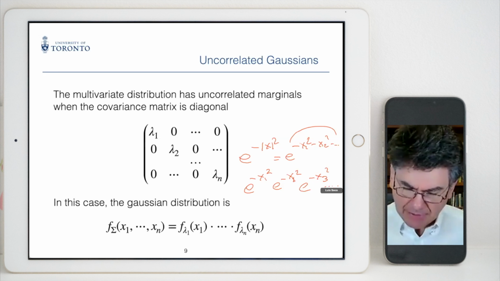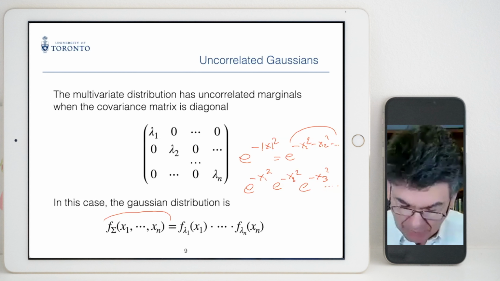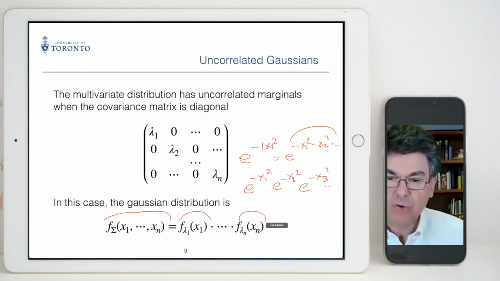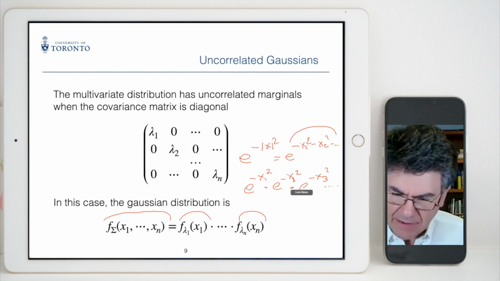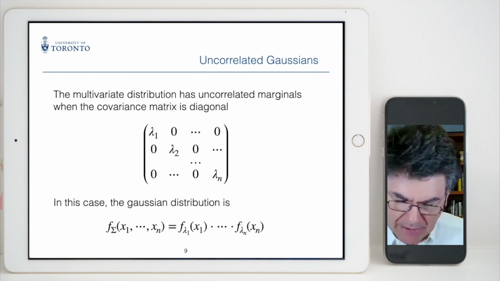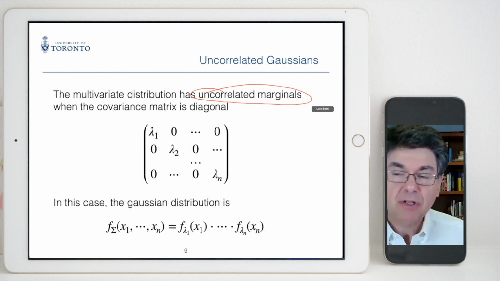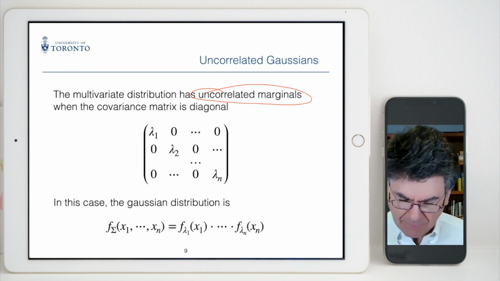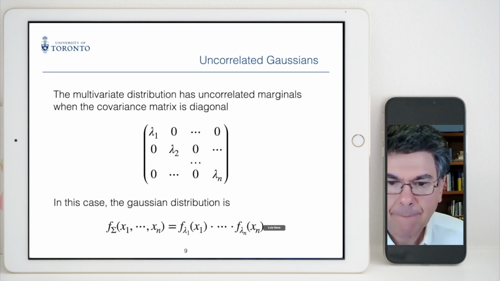And that's why in this case the density of my Gaussian breaks down as the product of the individual distributions. This is very convenient. It means that when we have uncorrelated marginals, the dependence structure is trivial. And in fact, the probability density is something that is very easy to deal with.